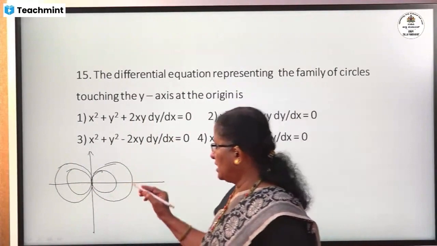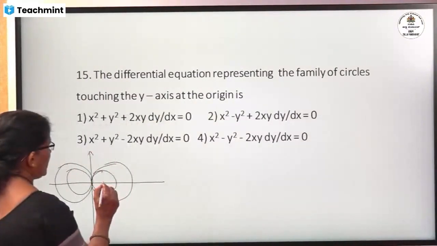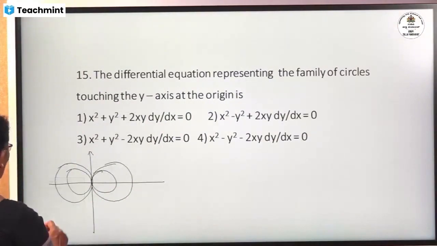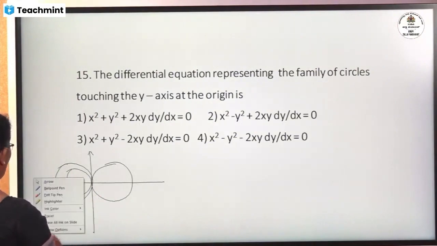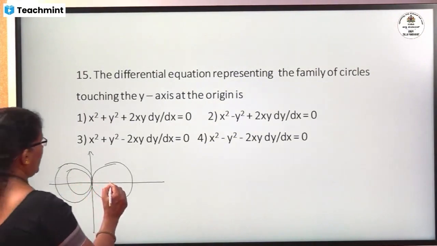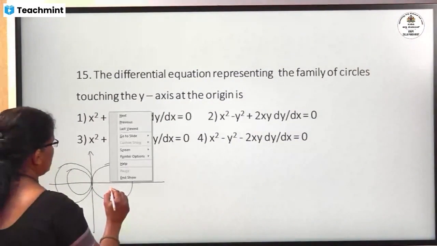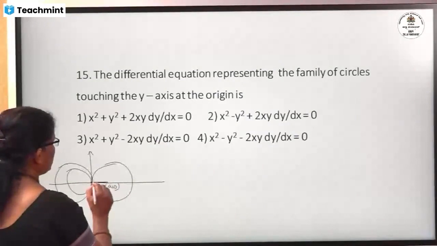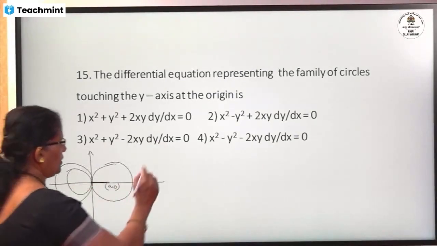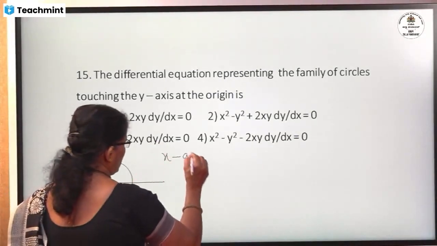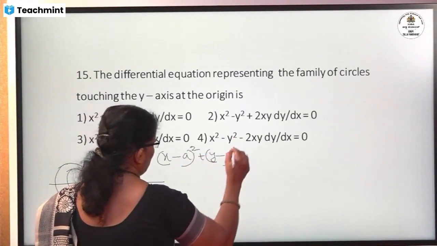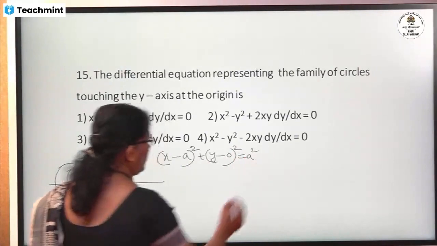Now let me remove one of the circles there. If I take this as the center, the center will be a comma 0. Radius will also be a. So how exactly does the equation of the circle look? x minus h whole square plus y minus k whole square equals r square.